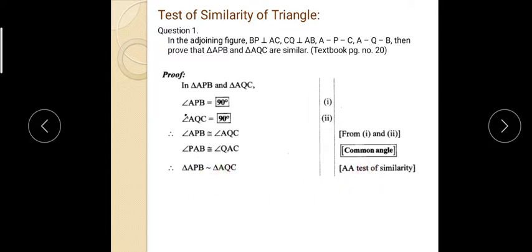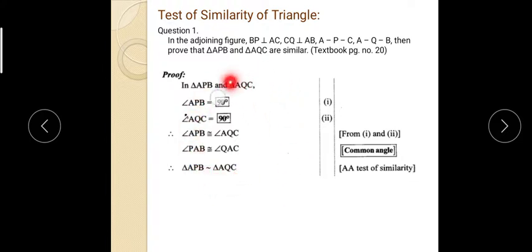Always remember, students, in a triangle if two angles are equal, obviously the third is also congruent, because the sum of the angles of a triangle is 180 degrees. If two are congruent, the third one is also congruent, so there is no need to show it; you can use the AA test of similarity for this.